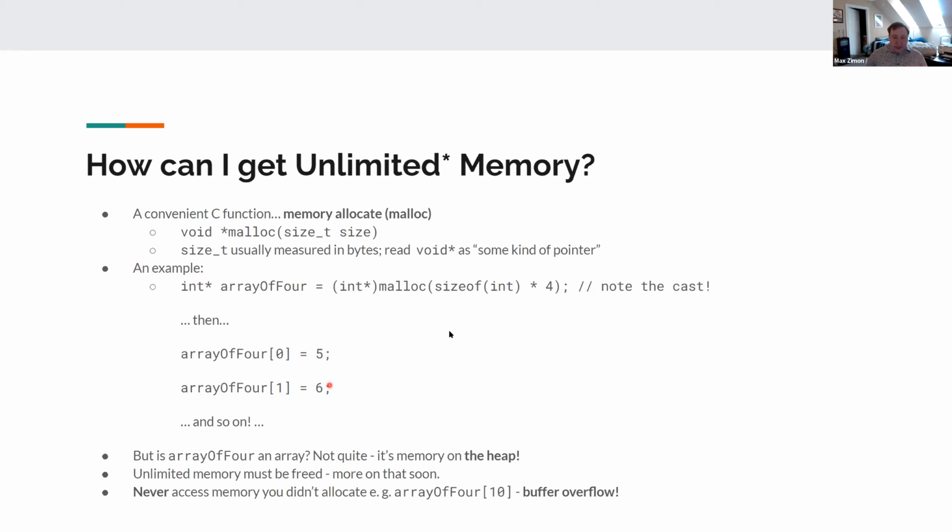The other thing is that you've only got so much memory here. We've only allocated 4 integers worth of space. If I try to access an integer that is 10 integers worth of addresses away from where I allocated, there's no guarantees about what that memory is. We could pretend that it's an integer. You can pretend that anything is anything, because again, we're the ones deciding what a piece of memory means.